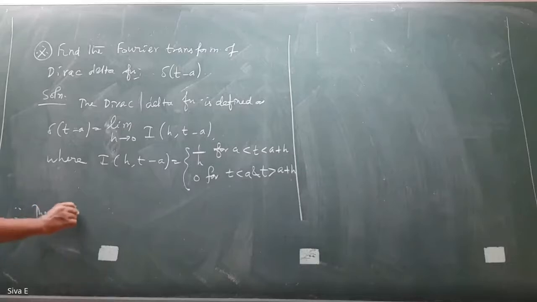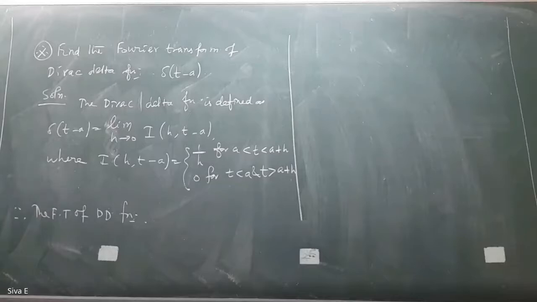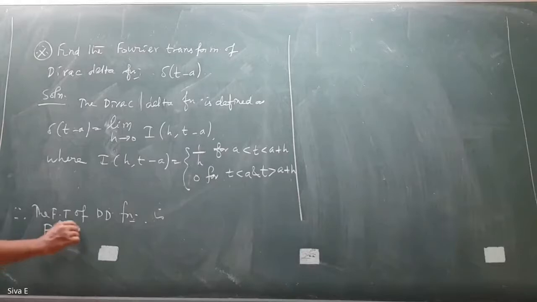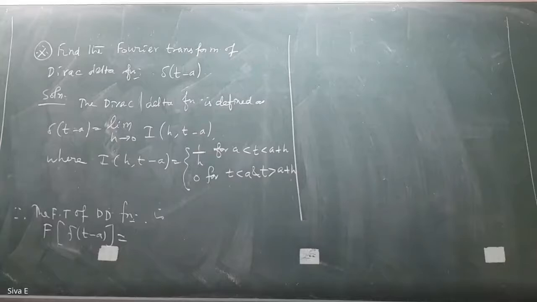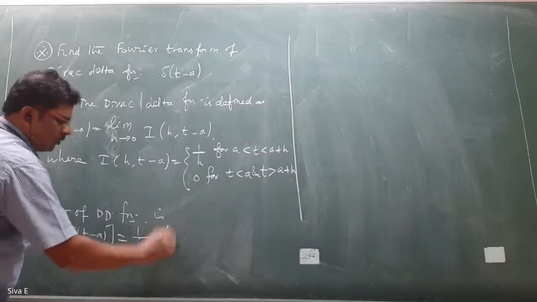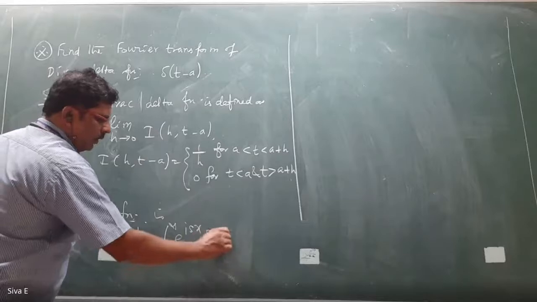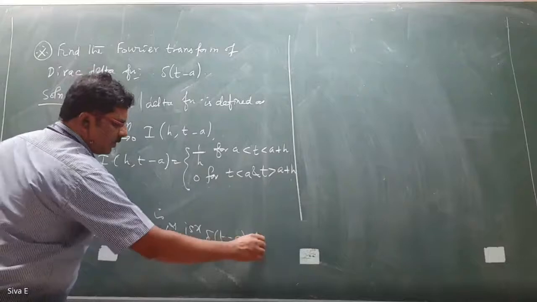Therefore, the Fourier transform of the Dirac delta function delta of t minus a equals 1 by root 2 pi times the integral from minus infinity to plus infinity of e power isx times f of x dx.